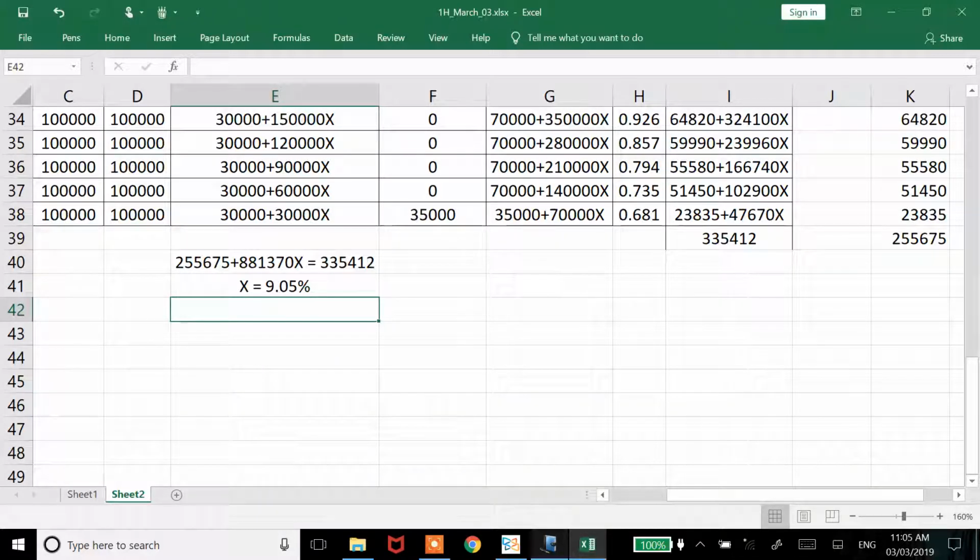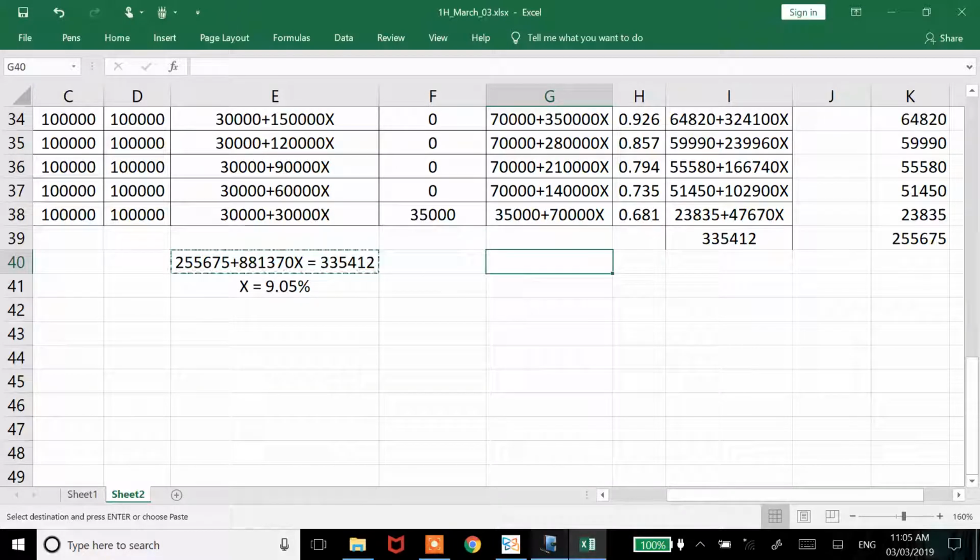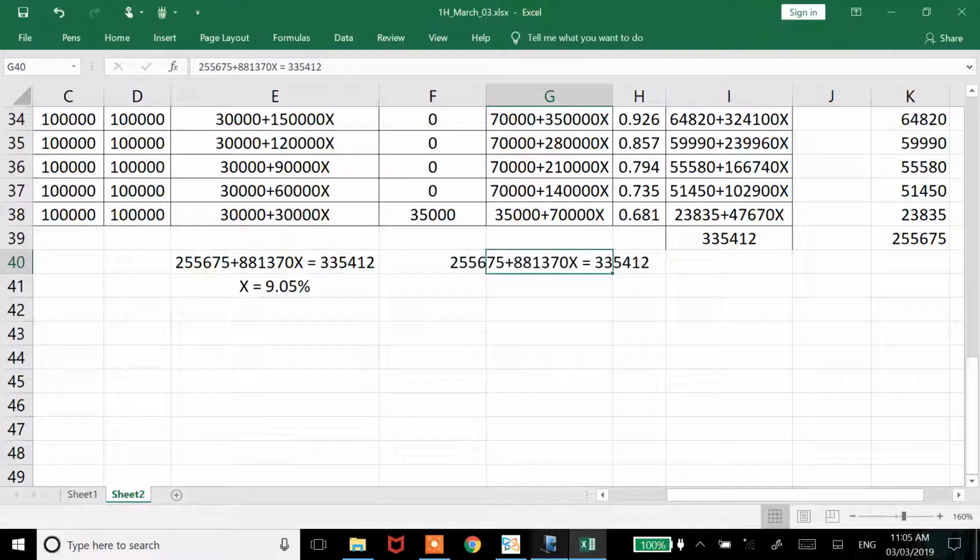In fact, if you've got this 9.05%, I'll tell you whether this equation becomes right or not. Any doubts on 9.05%? Okay.